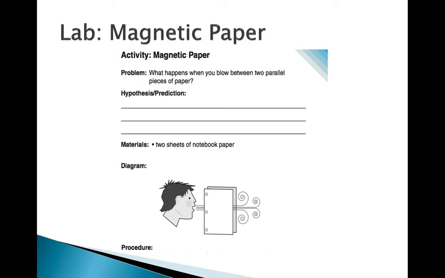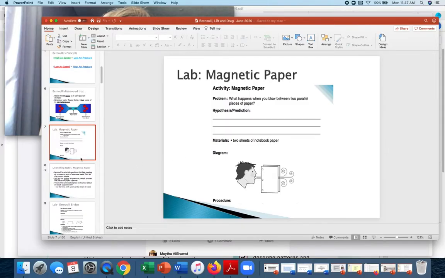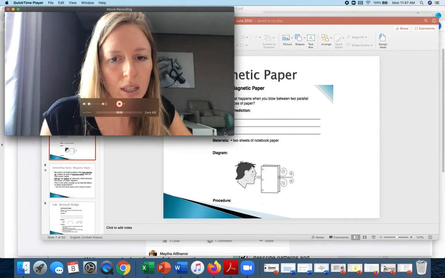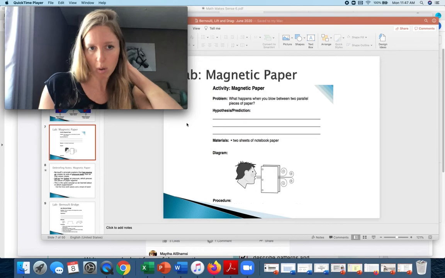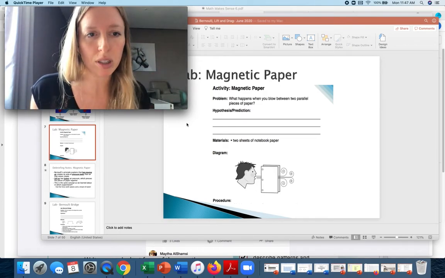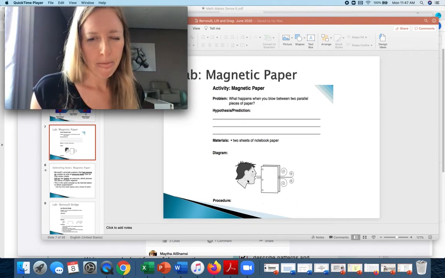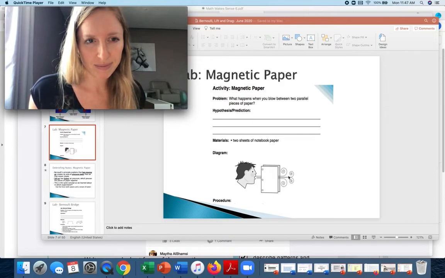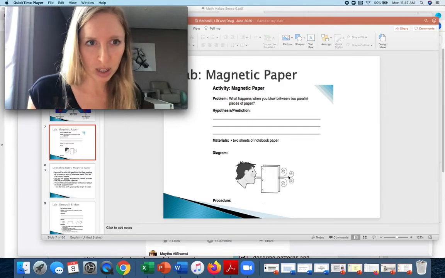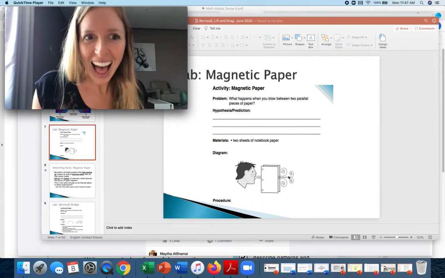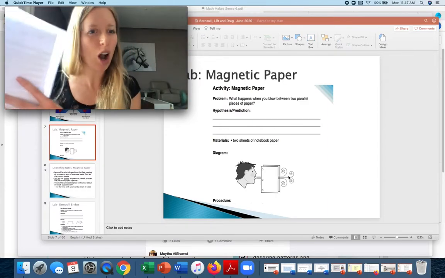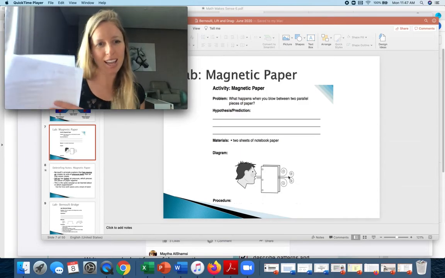And your prediction or hypothesis should always include something like, because I know, well, what do you know? Like what principles have you just learned? So think about this. Where is the air moving fast? Where is it not moving as fast? Okay, so write down a prediction. If you're in class, I make sure everyone did this and you talk with your friends about what you've written.